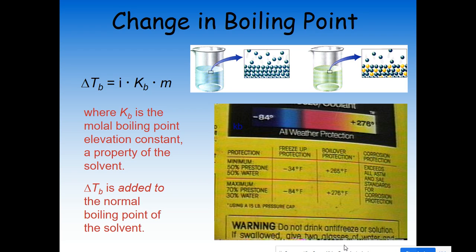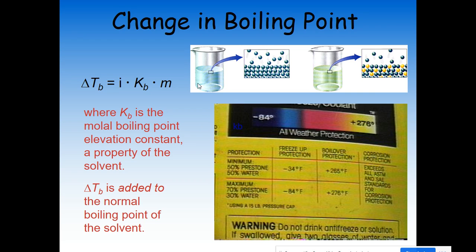Okay, so the equation for the boiling point elevation is very similar to that for the freezing point depression. So here we have a change in temperature for the boiling point equal to i times Kb times m, and again, we'll go over what i is. Kb is the molal boiling point elevation constant, which is in the table on your solubility curve sheet at the bottom.